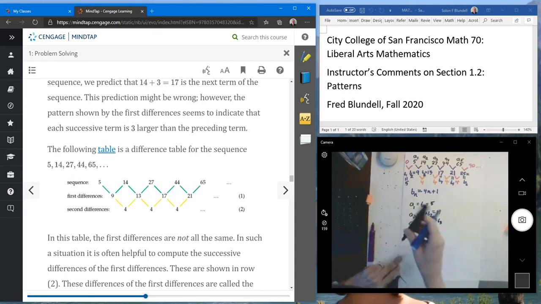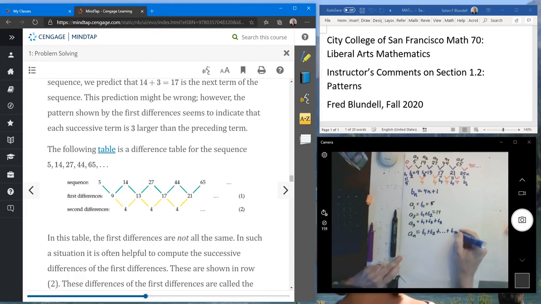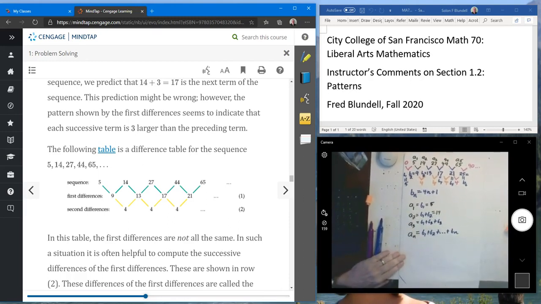Okay, so by the time we get up to the nth term, we've come to B1 plus B2, yada, yada, yada, out to Bn, and then we stop. Now, what does all this boil down to?